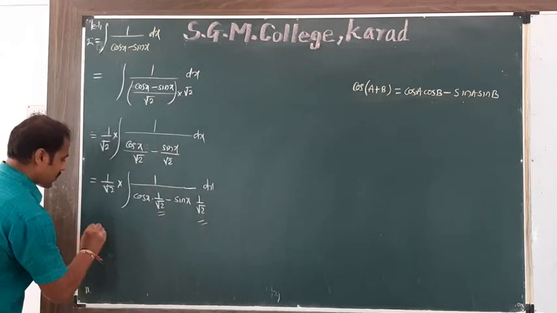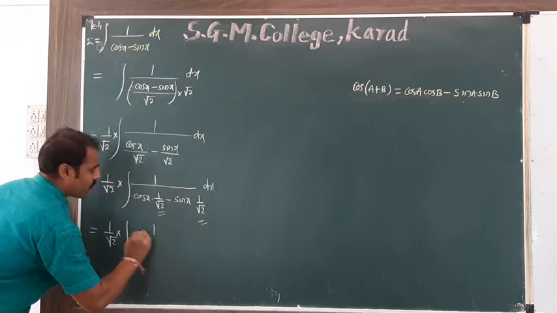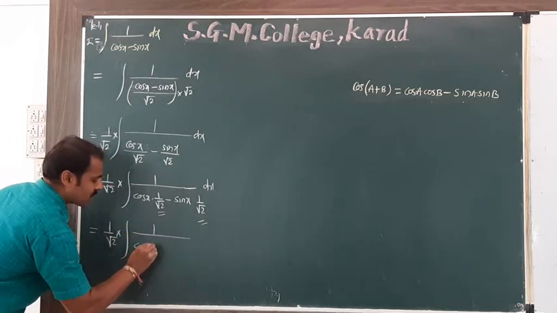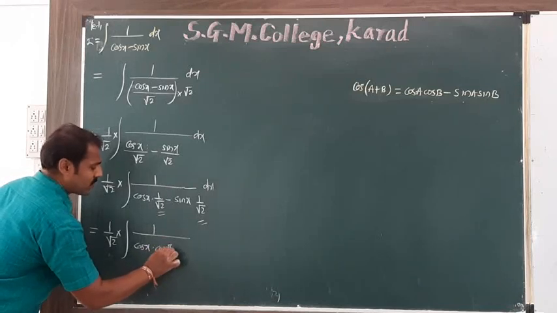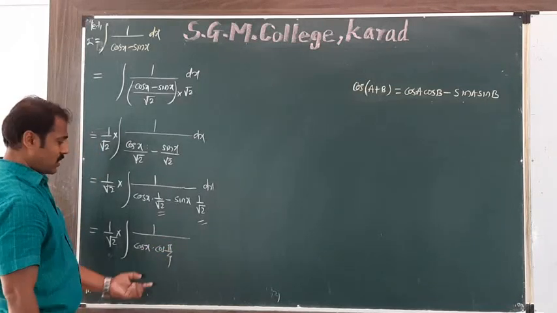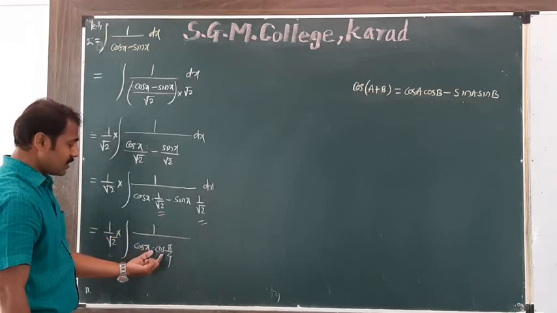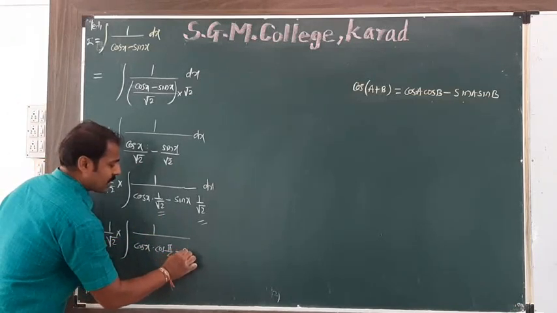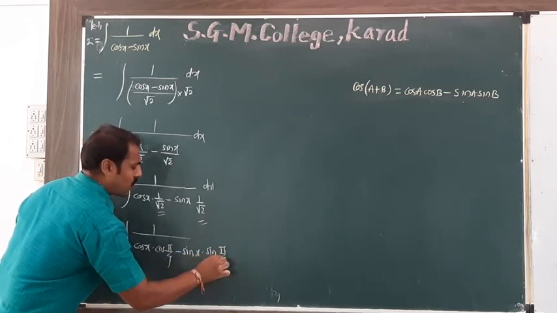We write this as 1 upon root 2 into integration of 1 upon, I can write this as cos x into 1 upon root 2. Cos 45 is 1 upon root 2. So I can put the value of 1 upon root 2 as cos pi by 4, minus sin x into sin pi by 4.